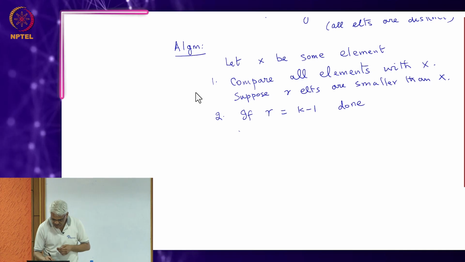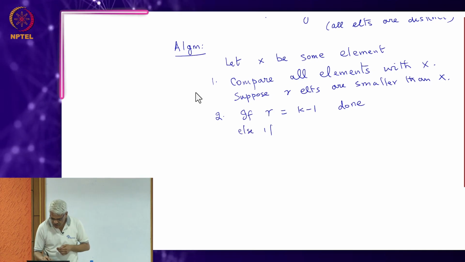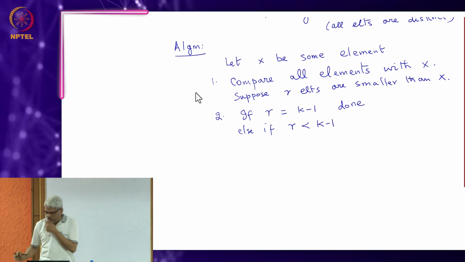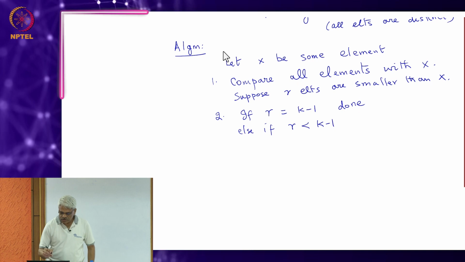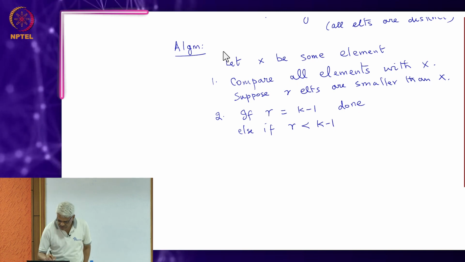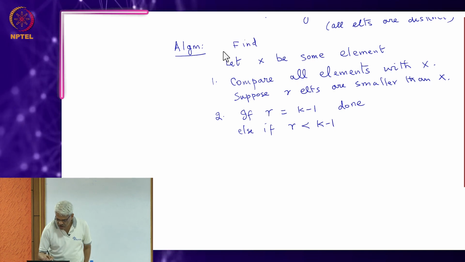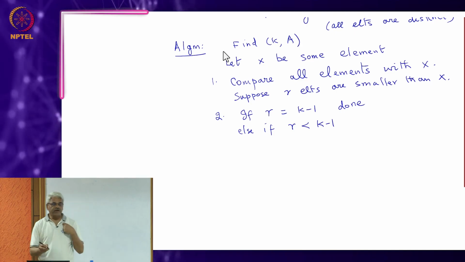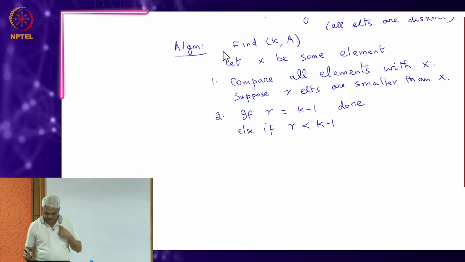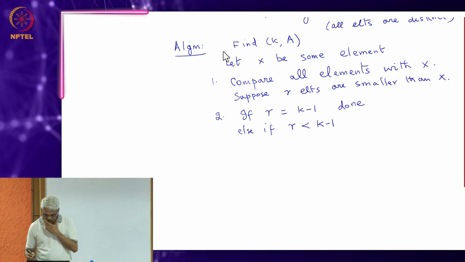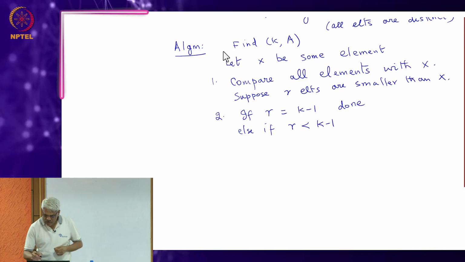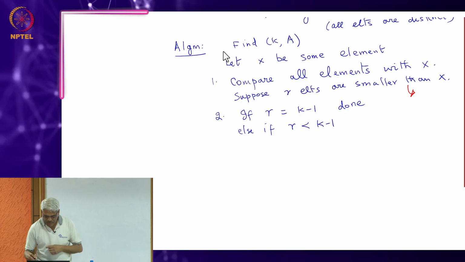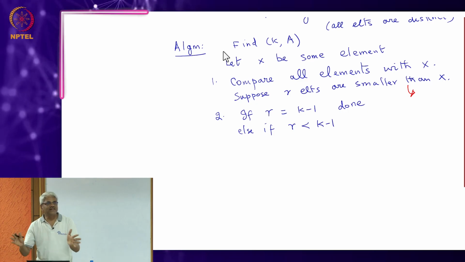Else, if r is less than k minus 1. That's my algorithm: in the array A, find the kth smallest element. Let me also add that not only in this step am I going to do a counter, I am also going to partition the input.